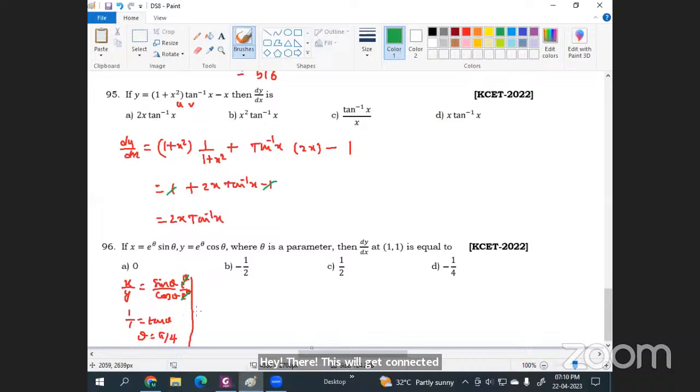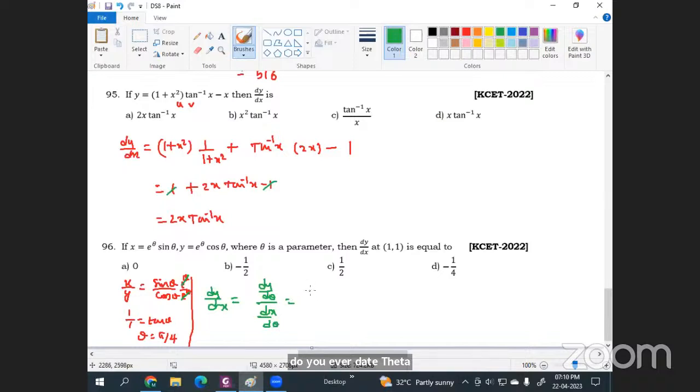This will get cancelled. Only tan theta, sin theta by cos theta, you will get it. Right? Next. Now, dy by dx equal to, parametric differentiation, dy by d theta by dx by d theta.